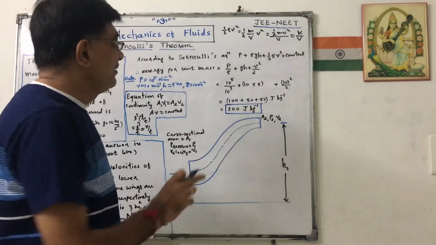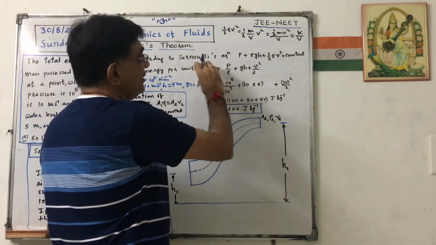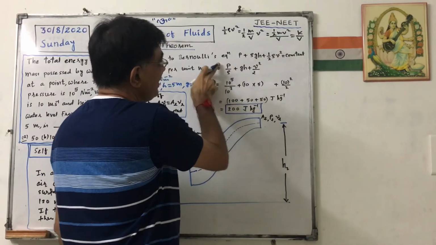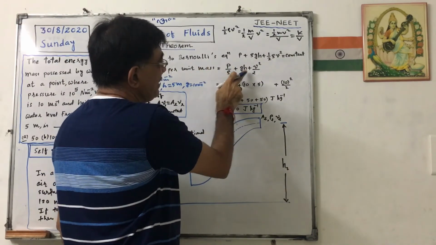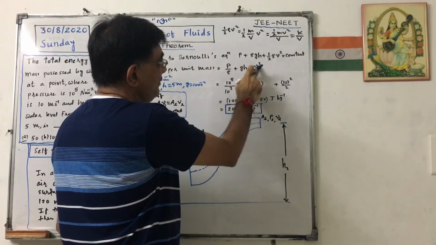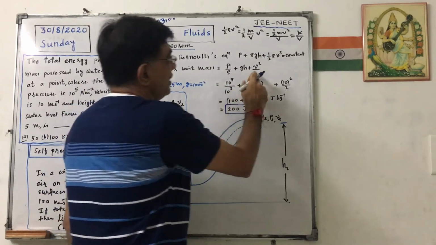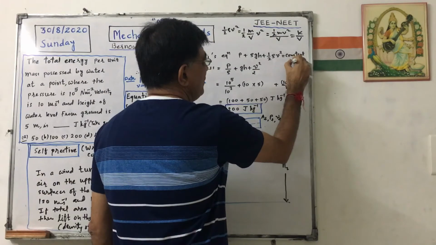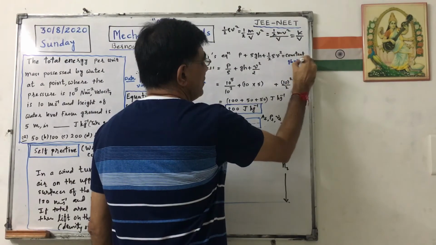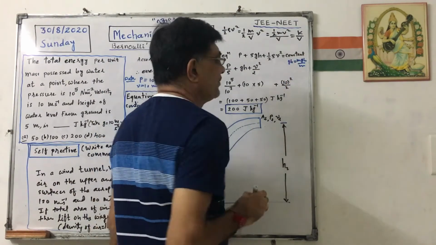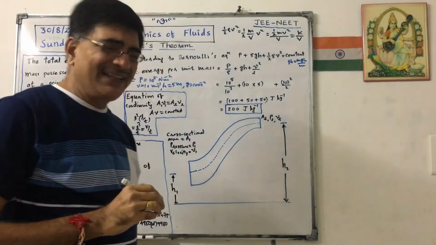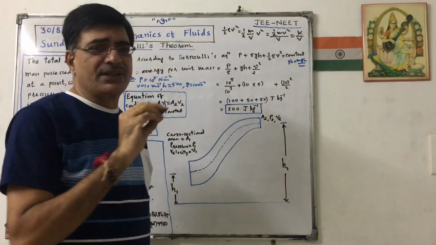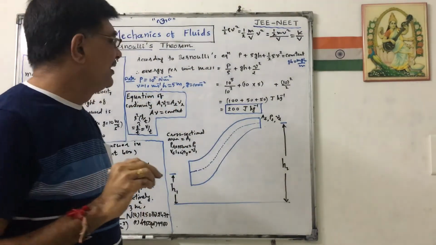I am dividing by rho. In that case this will be P by rho, this will be gh, this will be v square by 2. Now we know that gh is actually mgh by m, so it is potential energy per unit mass. I have divided all the terms by rho.